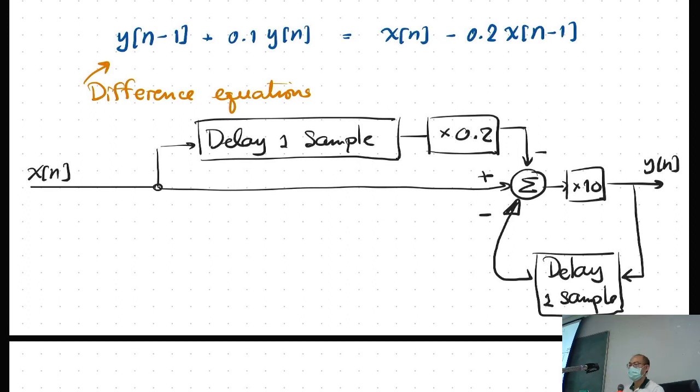The factor 10 comes from 0.1 there. So this is a block diagram representation for that difference equation. What you need to realize is that x[n minus 1] is the delayed version of x[n], for just one sample delay.